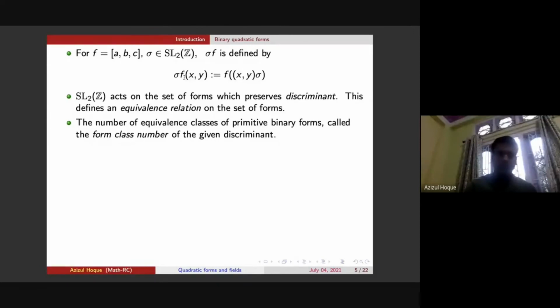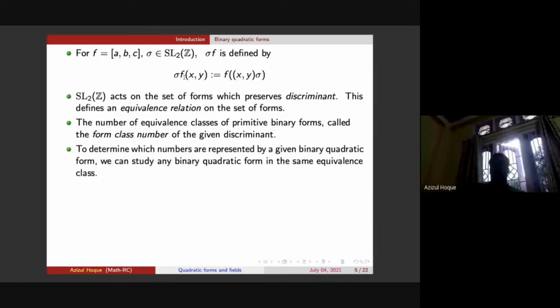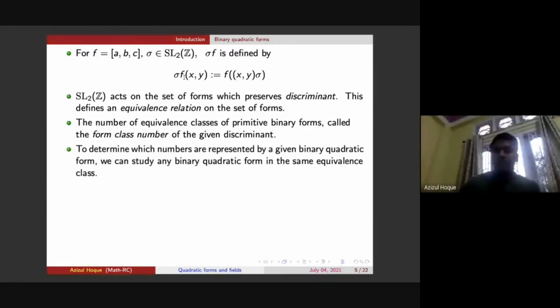Okay, now the above question, to determine which numbers are represented by a given binary quadratic form: one can study any binary quadratic form in the same equivalence class. So from a class of binary quadratic forms, it is sufficient to study a single form to answer this question.